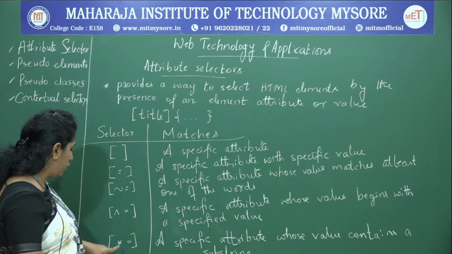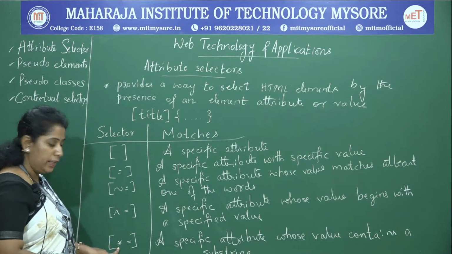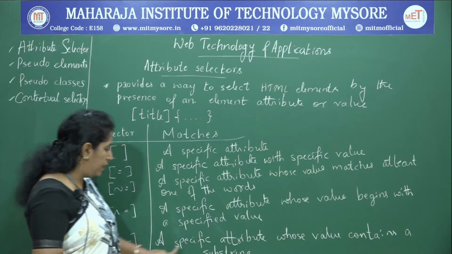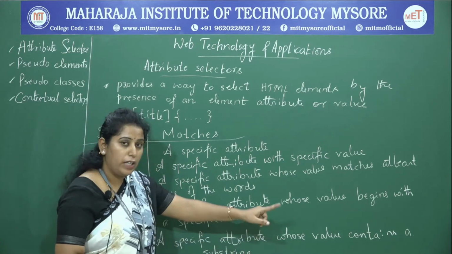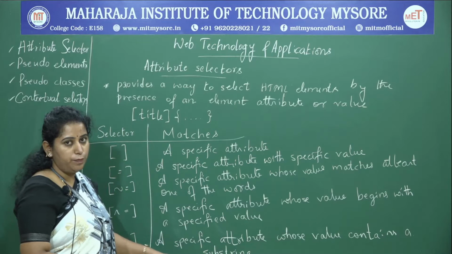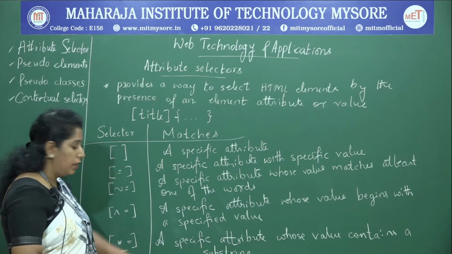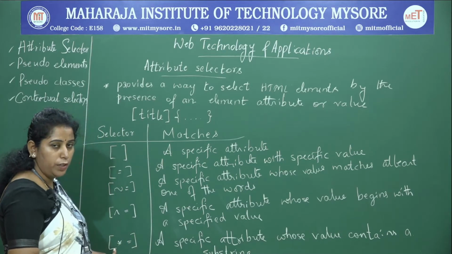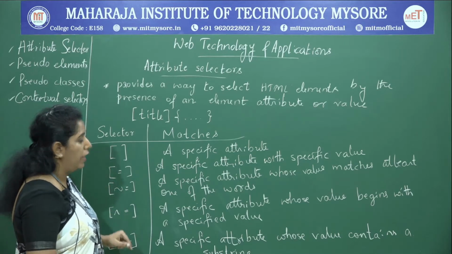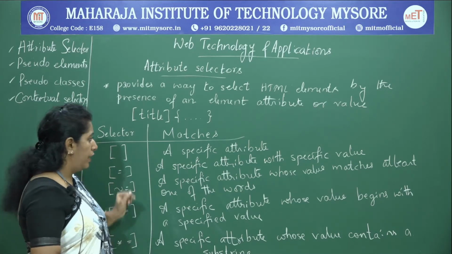Then only it matches. Next is the asterisk along with assignment. It matches a specific attribute whose value contains a substring. So based on the substring it is going to match. This is how an attribute selector works.